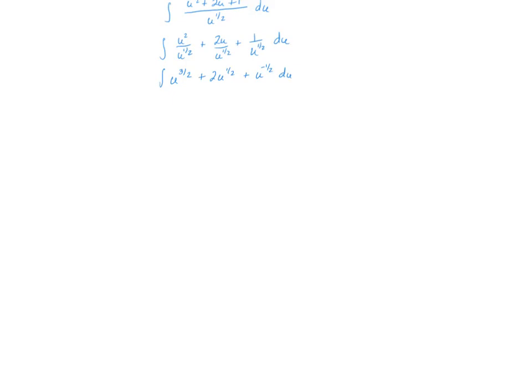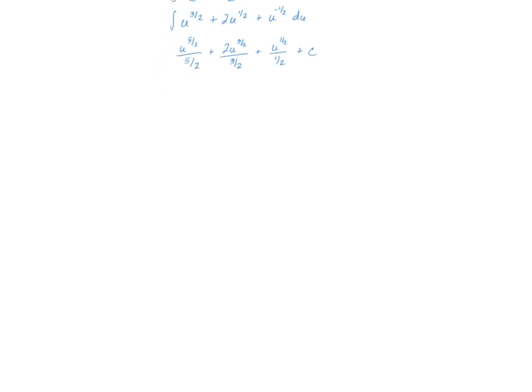Evaluating, I get u to the 5/2 over 5/2 plus 2u to the 3/2 over 3/2 plus u to the 1/2 over 1/2. And then I have my constant c.